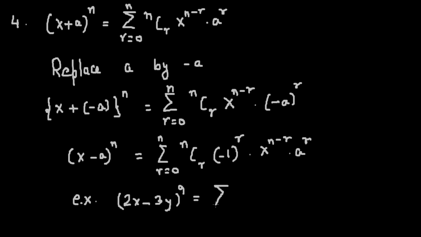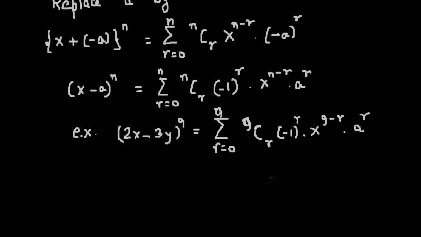So this would be the sum r goes from 0 to 9 of 9Cr, negative 1 raised to the power of r, times x raised to the power 9 minus r times a raised to the power r.